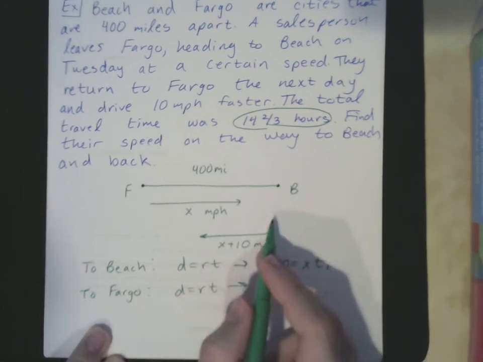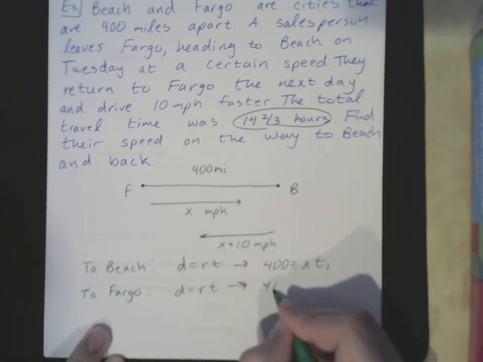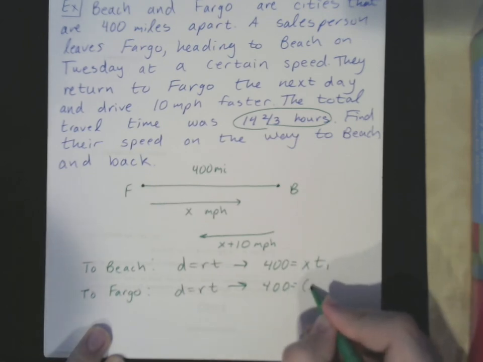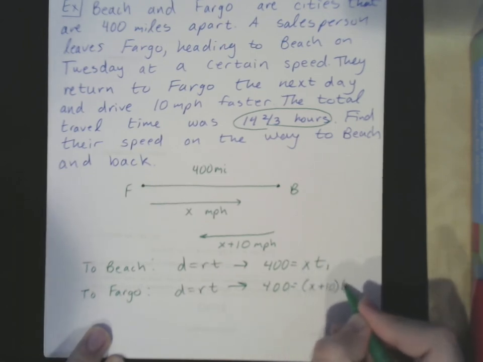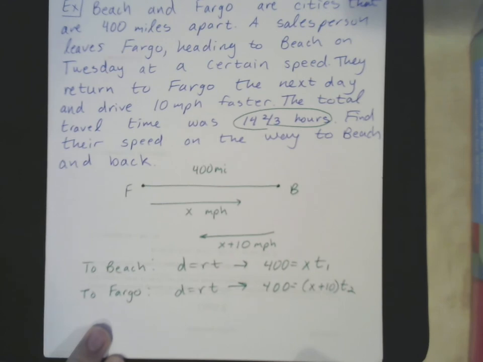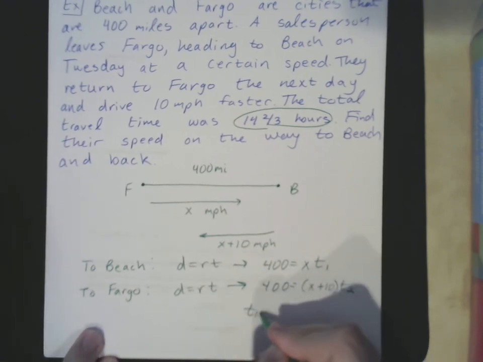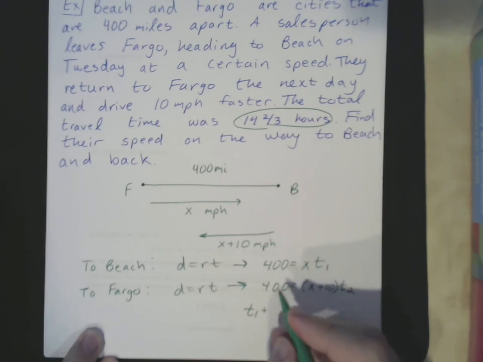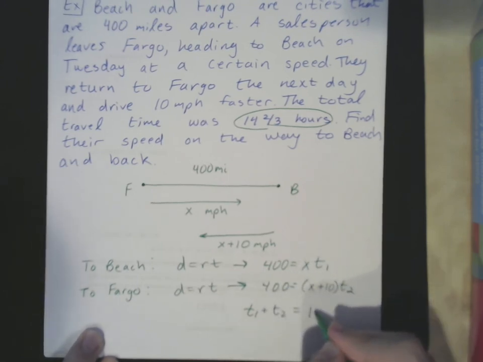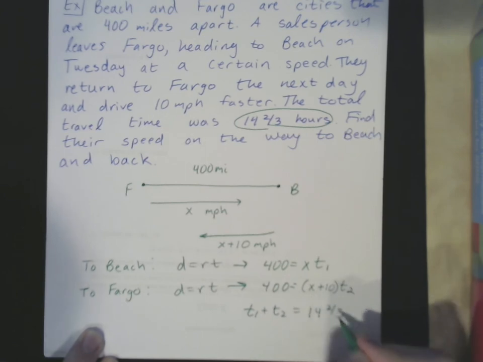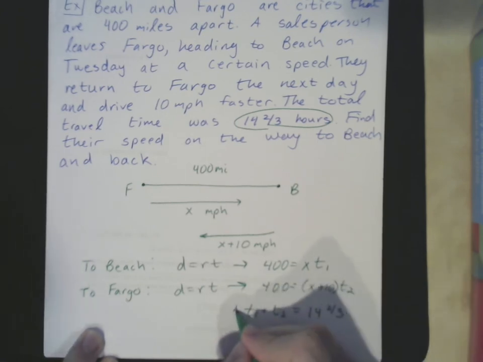And back to Fargo, it's 400 miles again, and this is going to be x plus 10 times t2. So we have two equations, two unknowns, well, three unknowns, but we do know that t1 plus t2 has to equal 14 2/3 hours. That's the time.